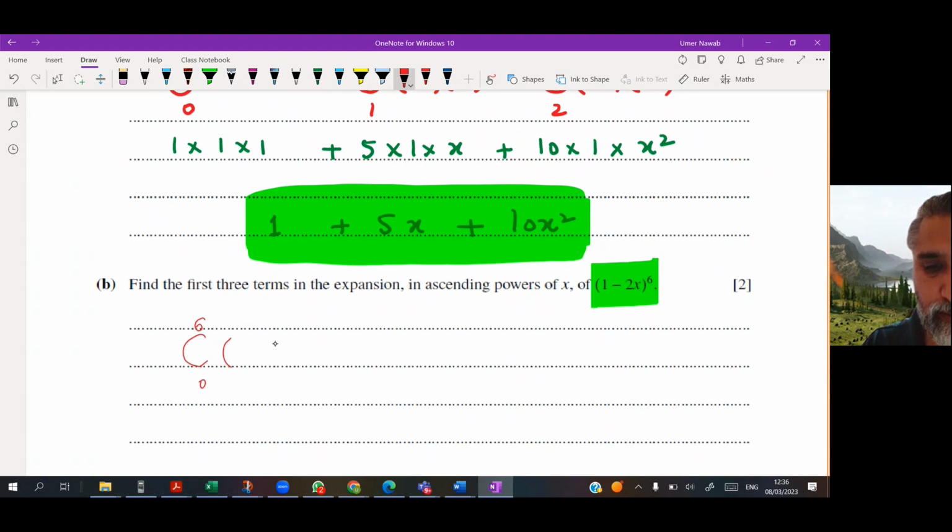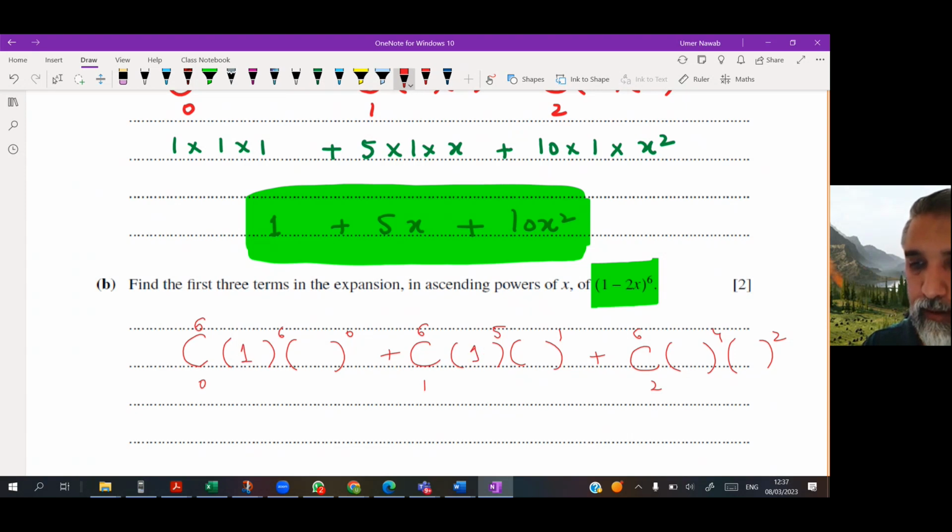6C0, 6 and 0, 6C1, 5 and 1, 6C2, 4 and 2. I'm writing it here now. 1, 1, 1, and minus 2x, because here the b is minus 2x.